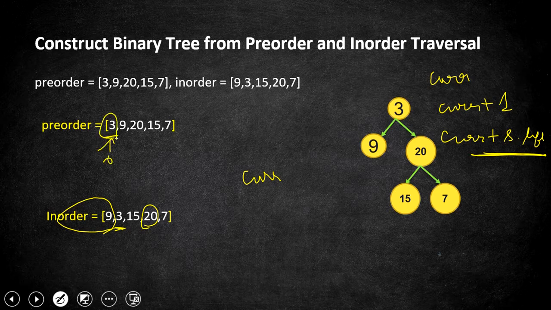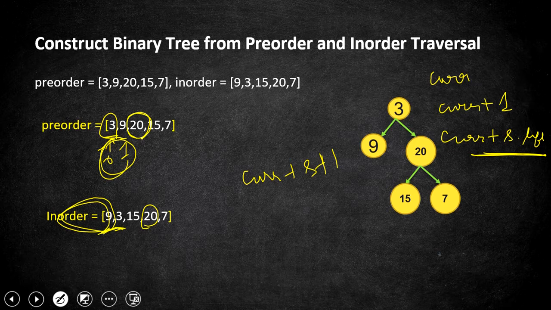From the root node, we add the size of our left subtree, which is nothing but what is left before 3. It is going to be only 1. So size is only 1, and after plus 1 is where the root of our right node is.